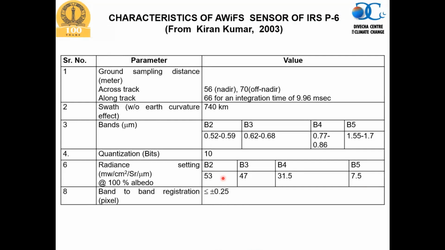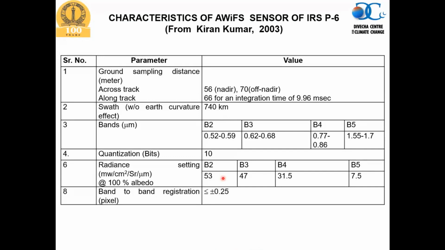It is possible in certain circumstances. So what it means is that in band 2, if the satellite sensor receives more than 53 milliwatts per centimeter square, then it will get saturated. So if it receives 54, 55, 56, 60, 61, it will show only as 53. That is how this radiance setting works.